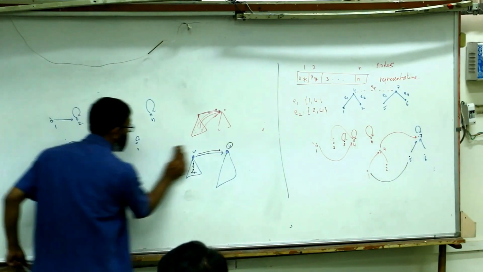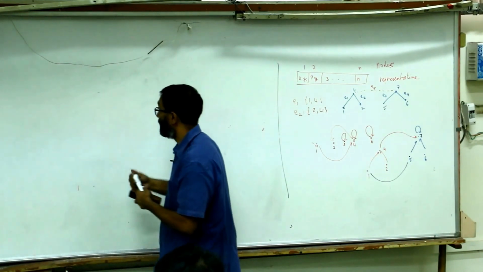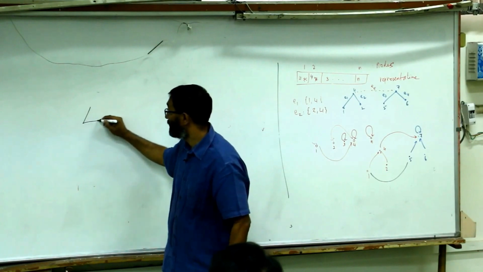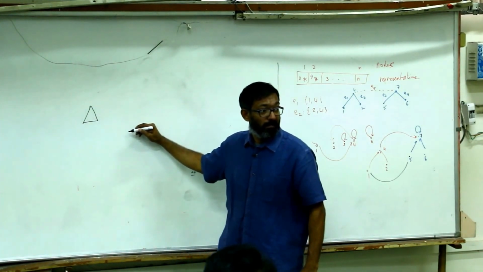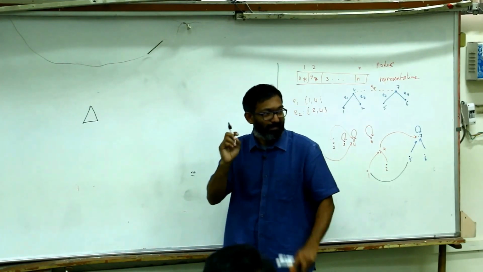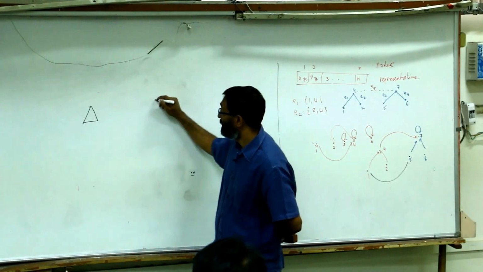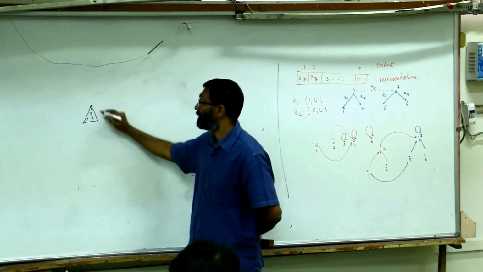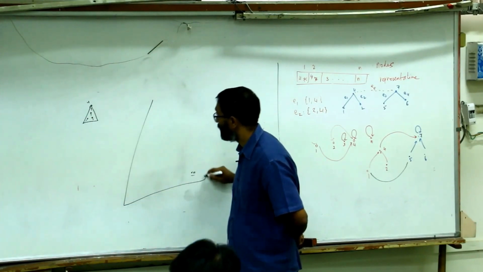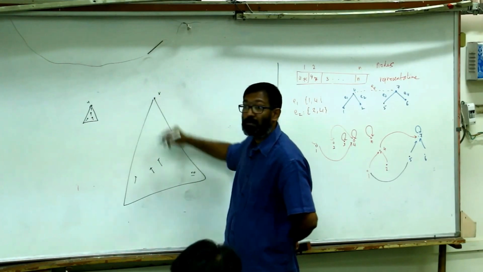Let me make it more dramatic. Yeah. So they say this is one forest. Okay. So let's draw this picture. So this is one forest. Okay. So these are all pointing towards the root, and this is the other one. And they're all pointing up towards the root.